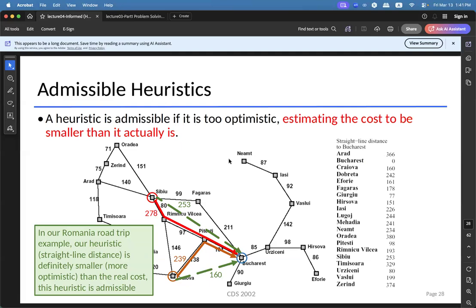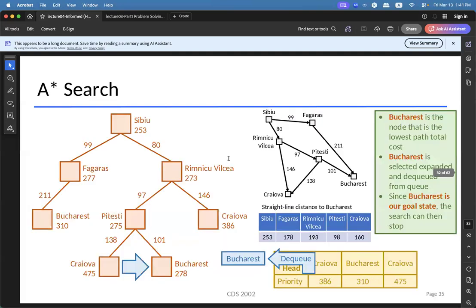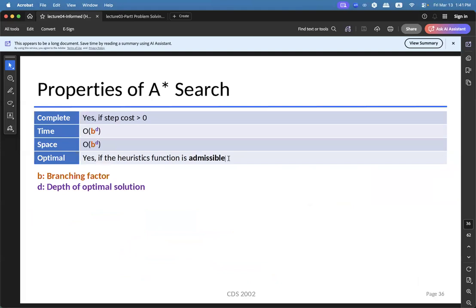So if you have a heuristic value equal to 0 no matter what, that is an admissible heuristic according to the definition here. If you put that heuristic into A-star search, then you reduce A-star search to a uniform cost search. So you can consider uniform cost search as a special case of A-star search. Makes sense, right?